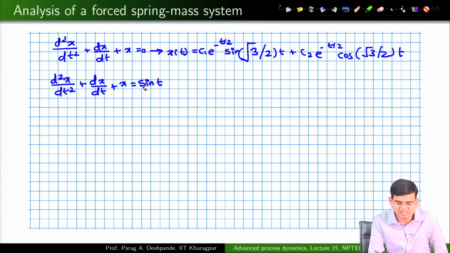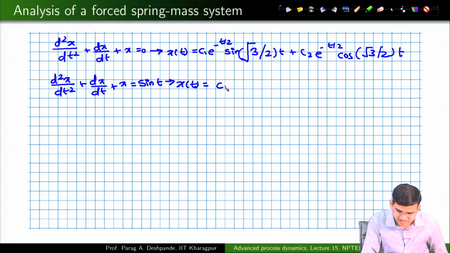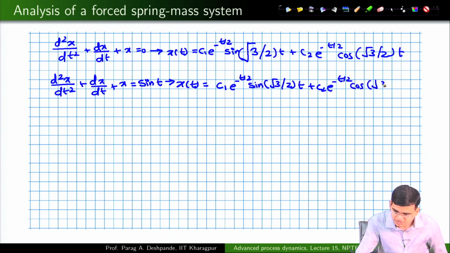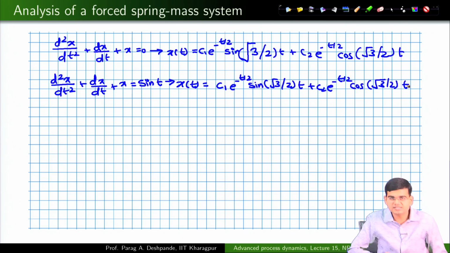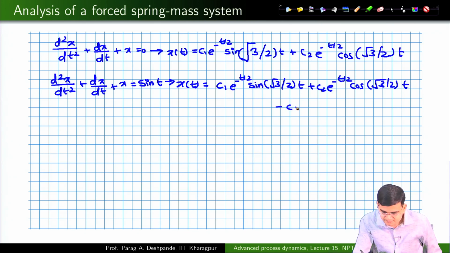Same forcing function as I used previously, and now what I get is x of t is same as what you get for the autonomous part, c1 e to the power minus t by 2 sin root over 3 by 2 t plus c2 e to the power minus t by 2 cos root 3 by 2 t plus the effect of the external forcing function, and in this case it would be minus cos t.